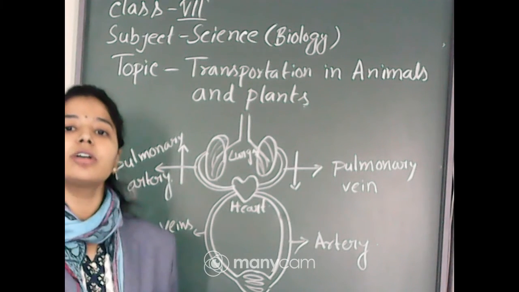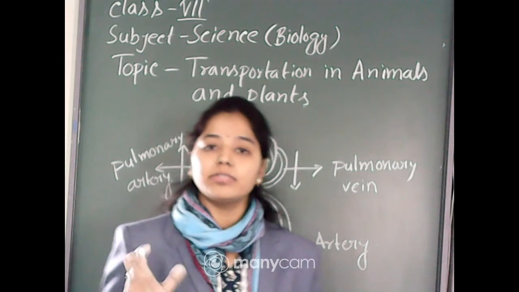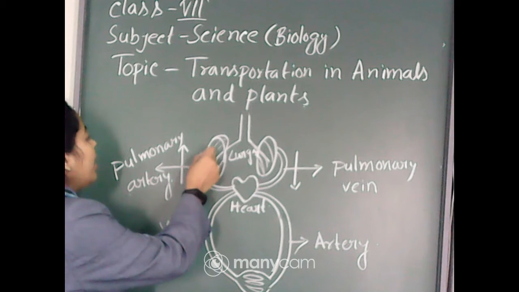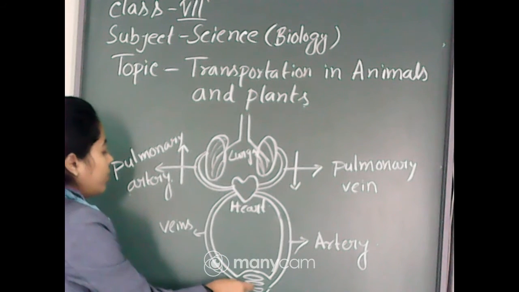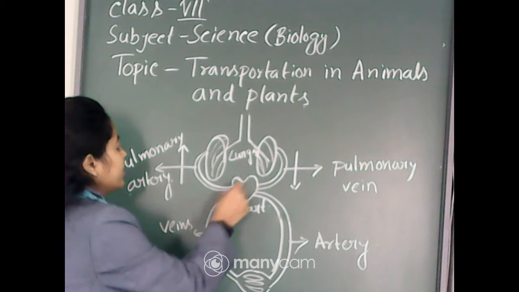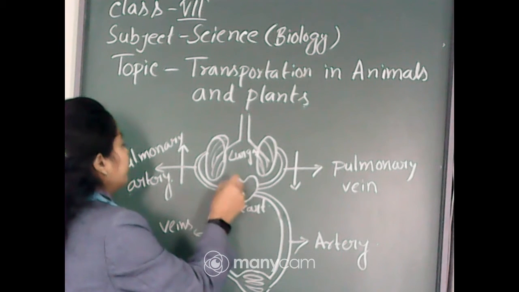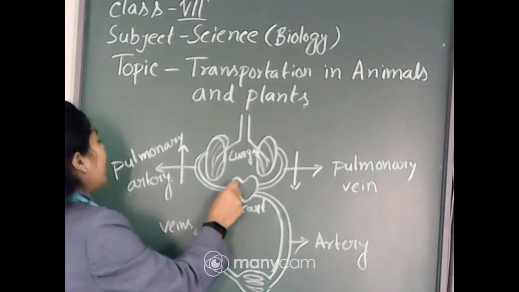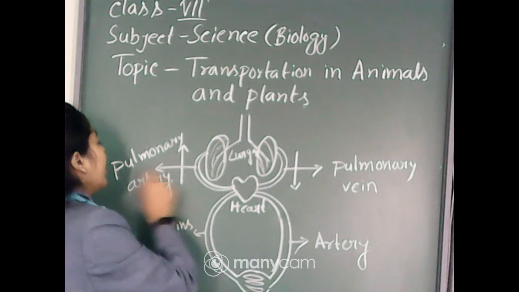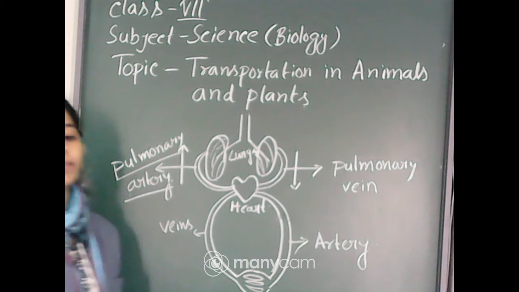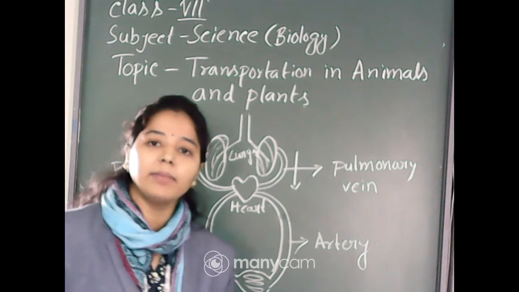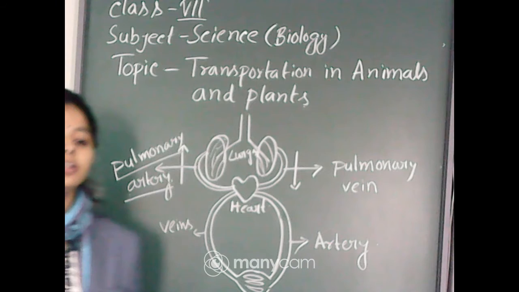And we have also come across the function of the pulmonary artery, which also carries deoxygenated blood. From the body parts, this deoxygenated blood comes to the heart, then from the heart this deoxygenated blood is transported to the lungs via the pulmonary artery, as the main function of the pulmonary artery is to carry deoxygenated blood. You understood this portion, everyone? Understood?